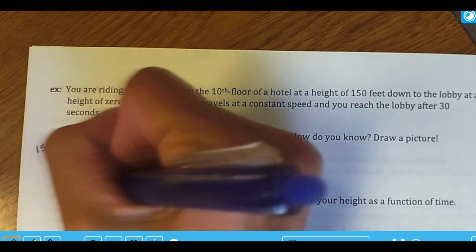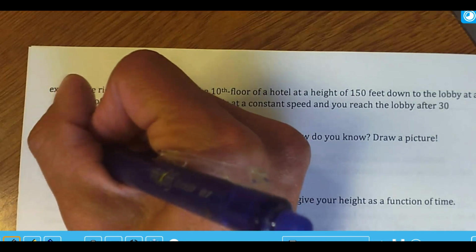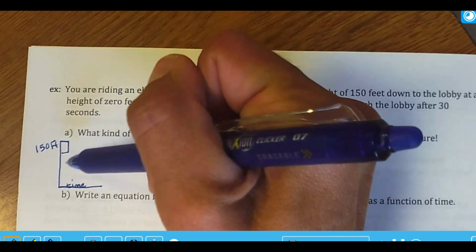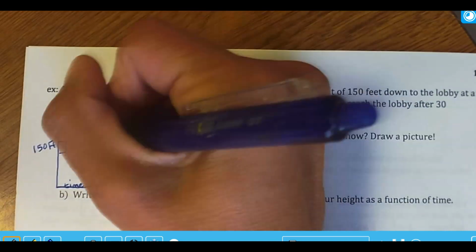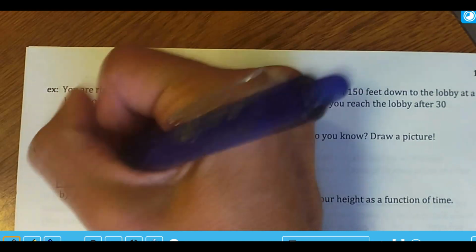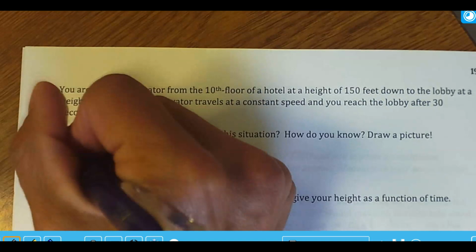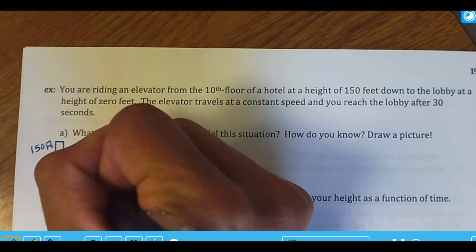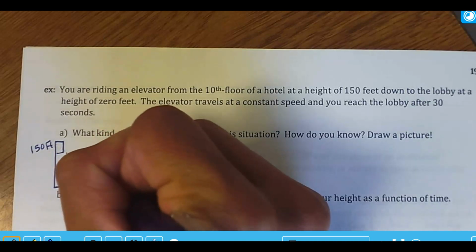And as time goes by, this elevator is going to go down. Now the elevator is going straight down, but over time, it's actually going to look like it's going at an angle, which it's not. It's just as time goes by, the elevator will decrease in height until it gets to here at 30 seconds.